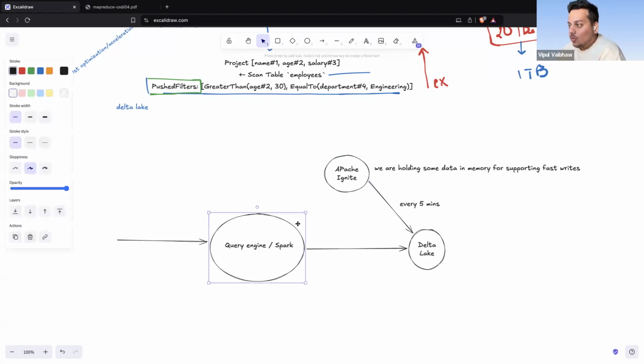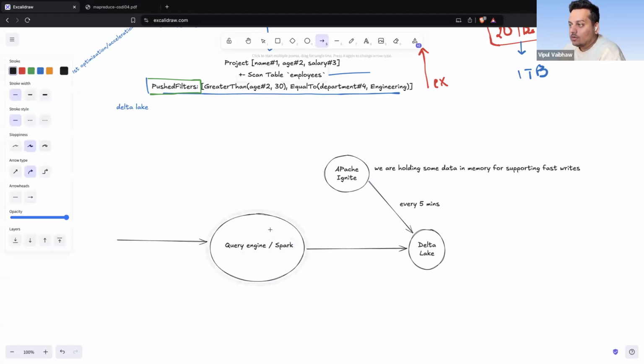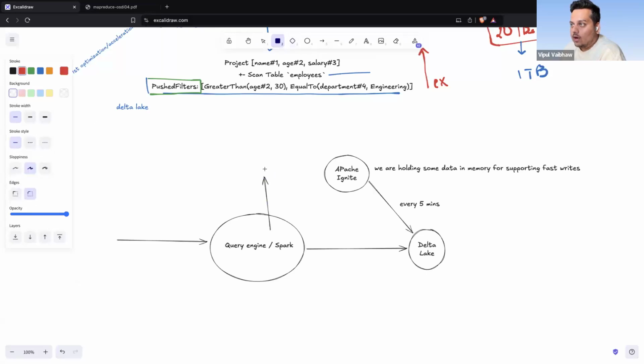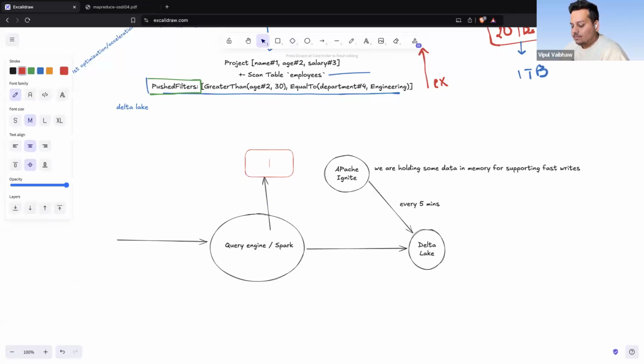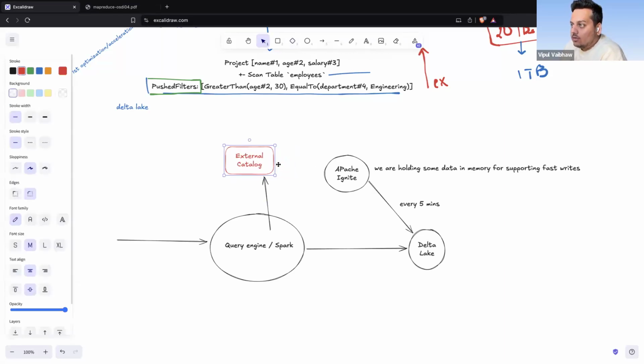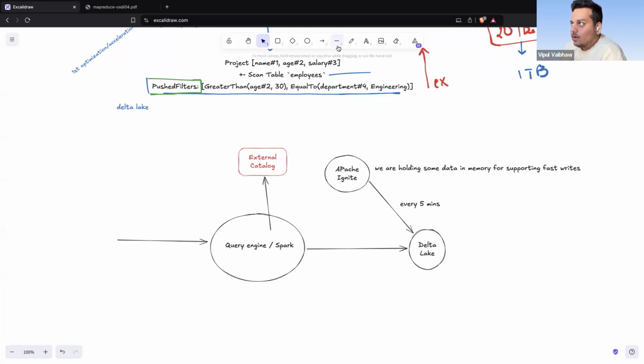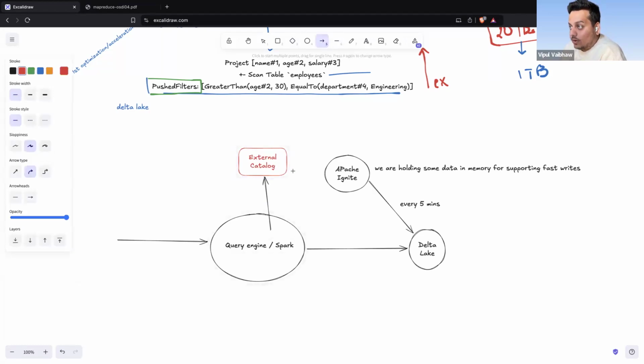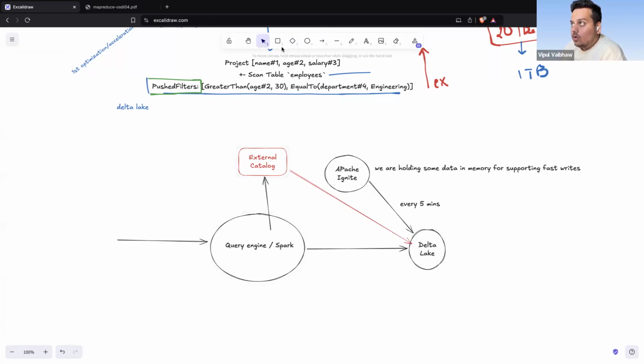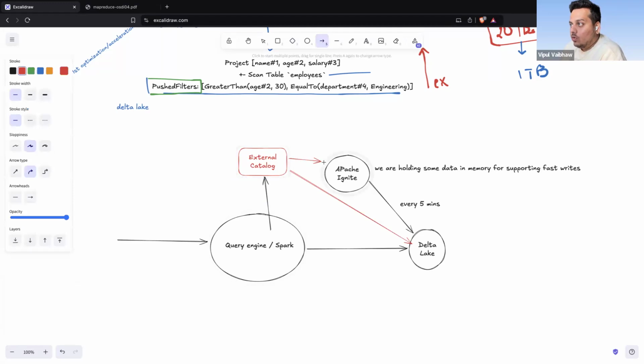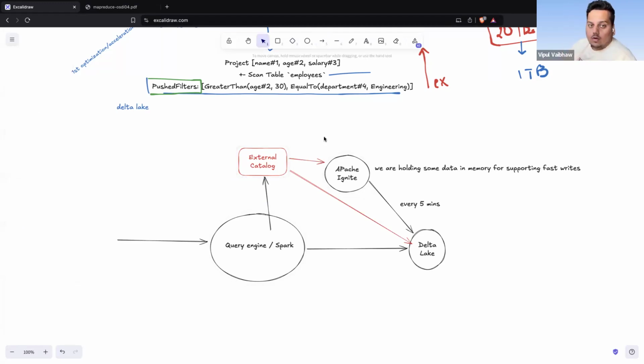So what we want is for Spark to talk to an external catalog. This catalog is responsible for telling Spark intelligently what we need to access. Do we need to get data from Apache Ignite? Do we need to get data from Delta Lake?